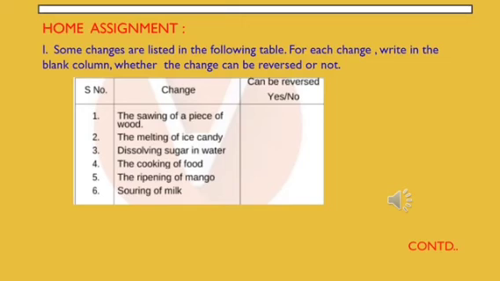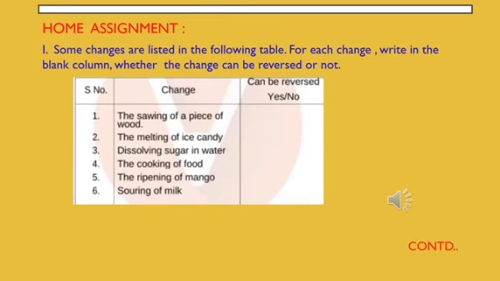Now you are going to think and write whether it is possible to get back the same piece of wood from the pieces which are left out after sawing. Can you join it back? Can you get back the same original piece of wood? If you get back, you write as yes. If it is not possible, write as no.